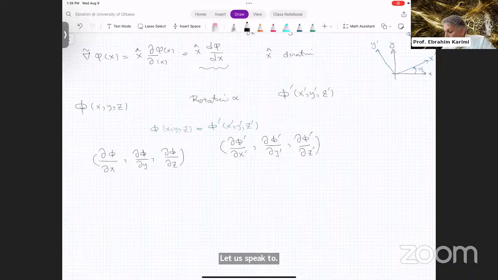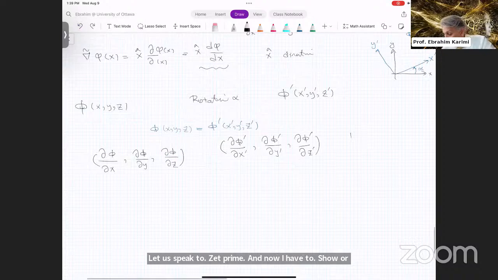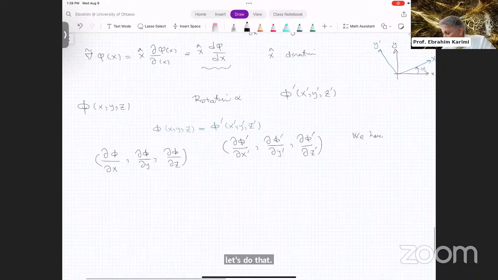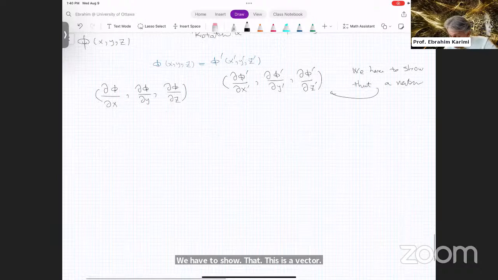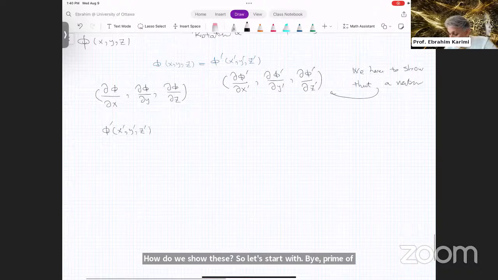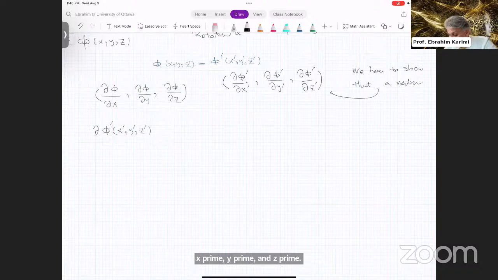And now I have to show, or let's do that, we have to show that this is a vector. How do we show this? Let's start with phi prime of x prime, y prime, and z prime, and I want to show that the derivative of this with respect to x prime has a certain value.